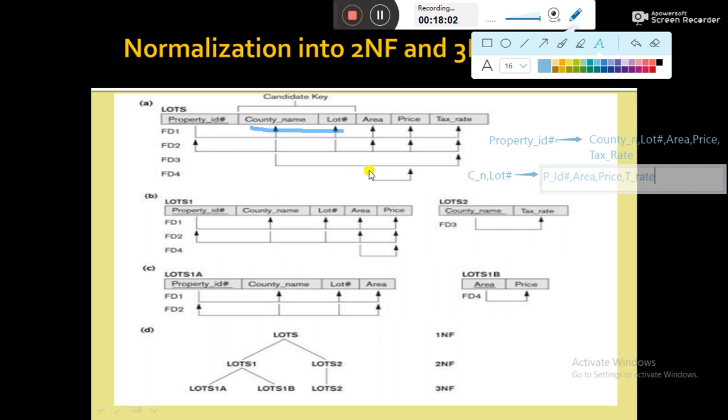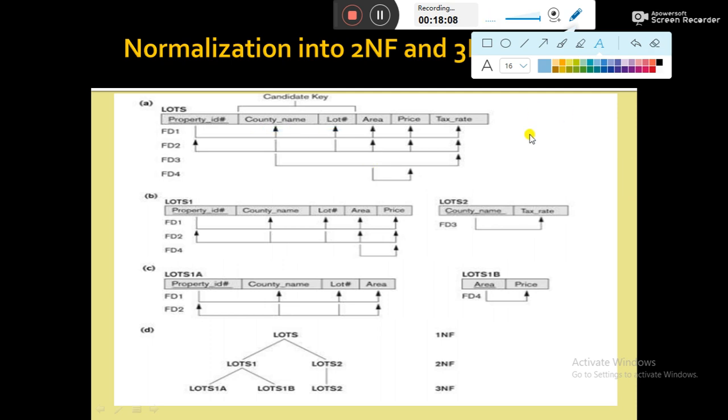For a clear understanding, I am creating a table with this set of data. Let me draw it.